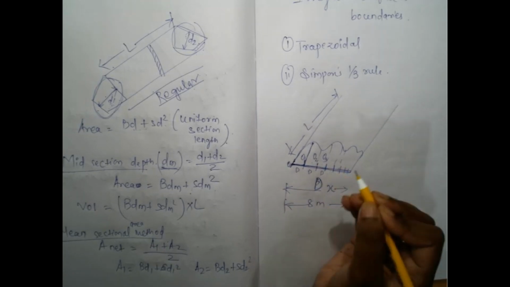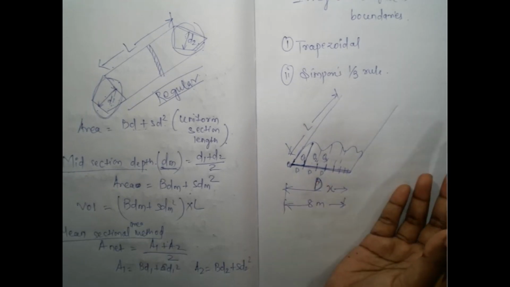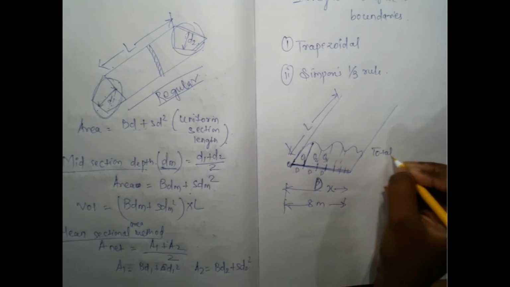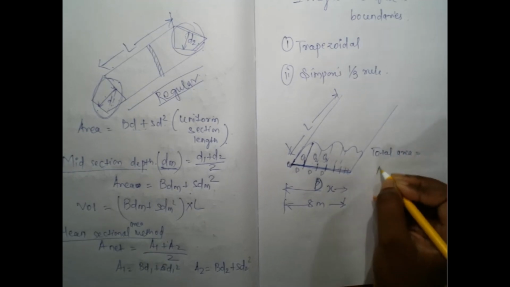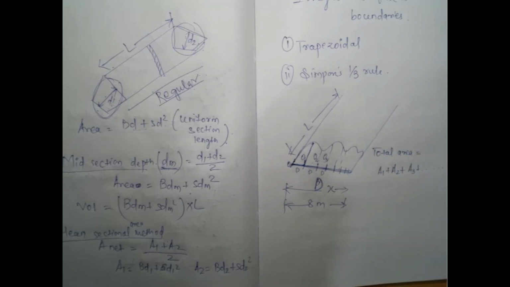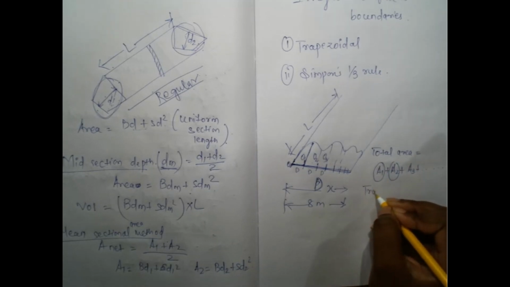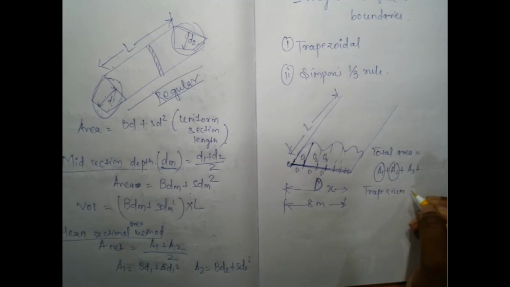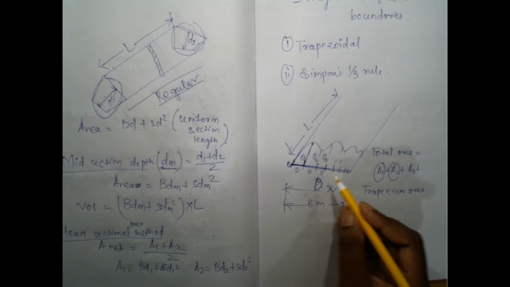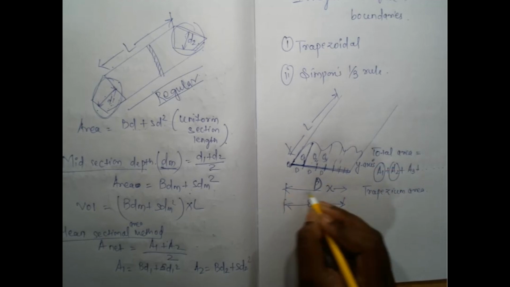Gradually, we will find the area of all the 8 sections that we had divided, and we will find the total area. So what will it become? Total area is equal to A1 plus A2 plus A3 plus so on. This area will be found from the trapezium area. Heights are in the vertical section, that is the y-axis, and D is in the x-axis.